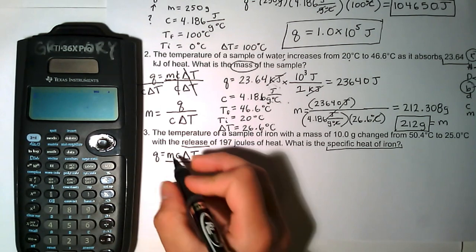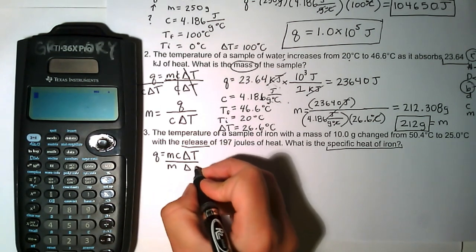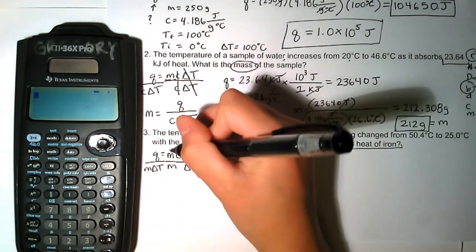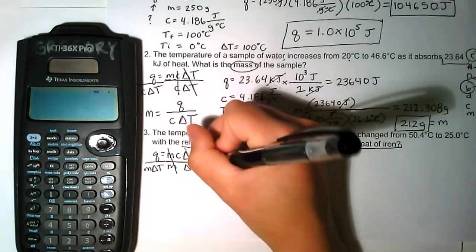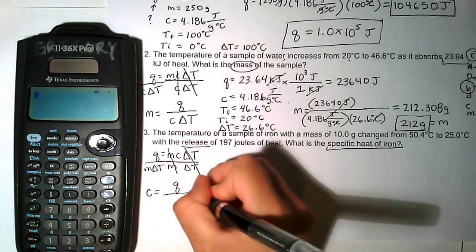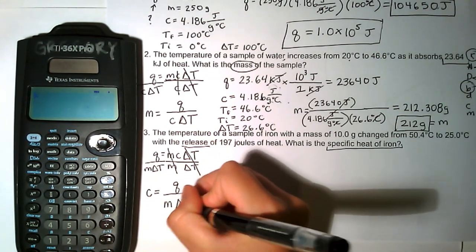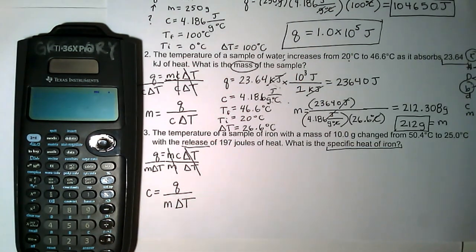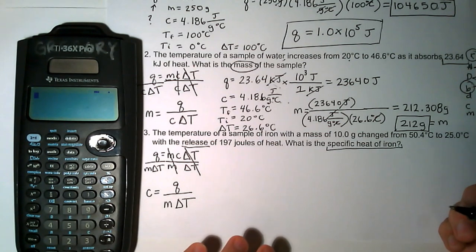So I'm going to divide by M and divide by delta T, on both sides. So M cancels out, delta T cancels out, and we're left with C equals Q divided by M times delta T. So now we need to find all of these variables we can substitute into our equation.